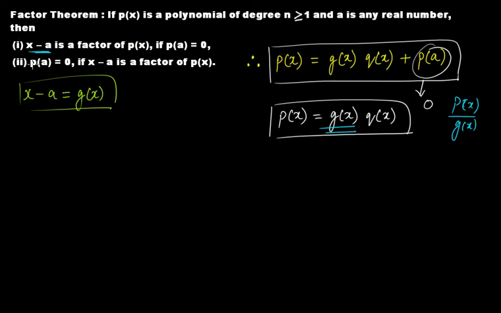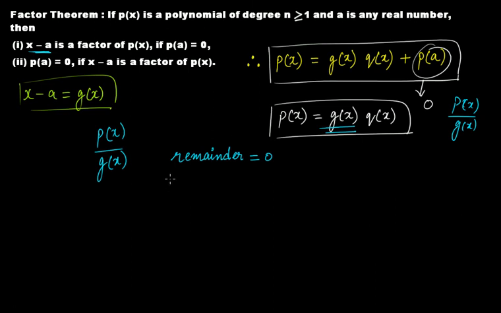Okay. The second one says your pa is equal to 0 if x minus a is a factor of px. And that's very simple. We discussed already that when you divide px by gx, where gx is equal to x minus a, and if gx is a factor, it means that your remainder will be 0. And if your remainder is 0, then what gives the remainder?